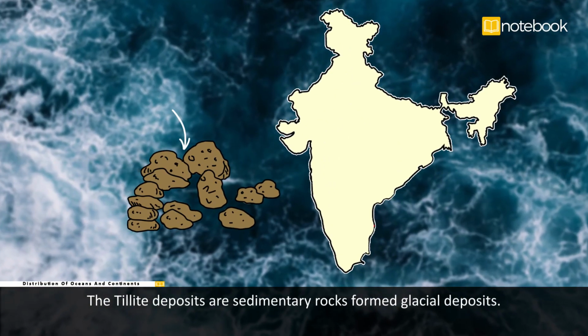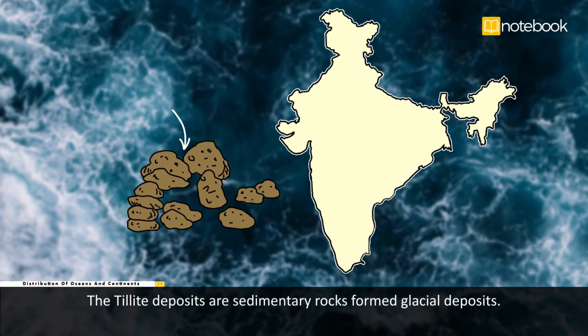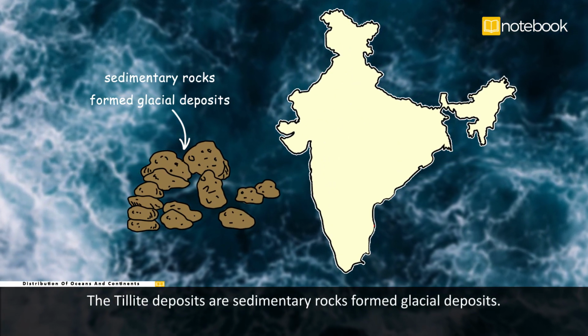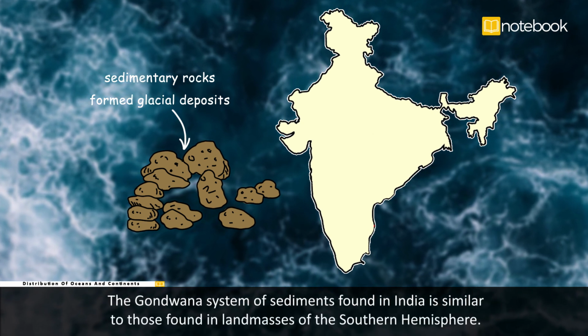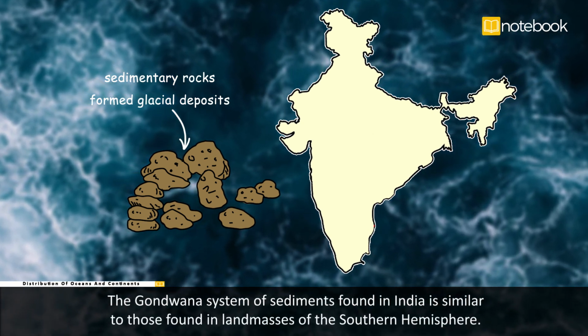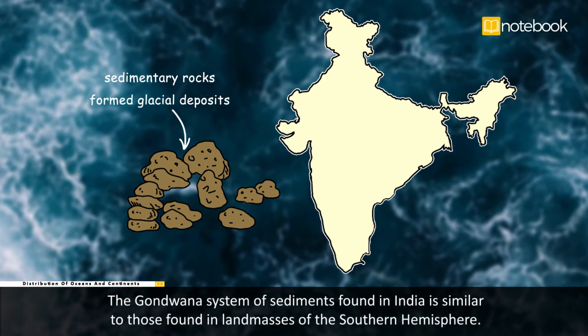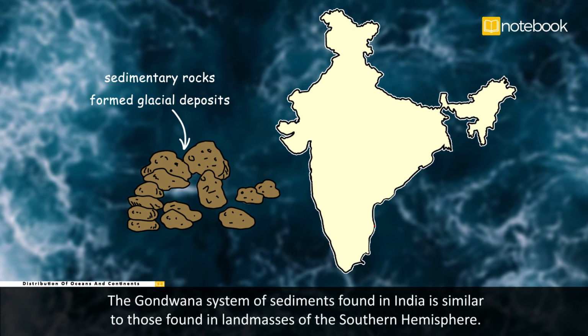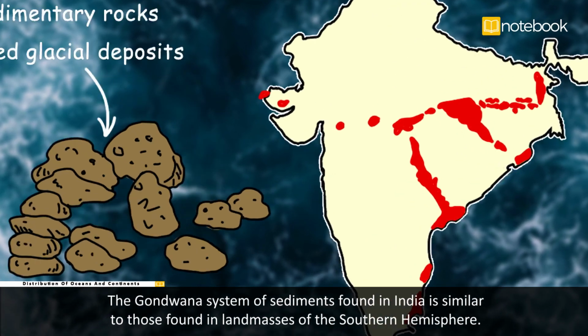The tillite deposits are sedimentary rocks formed from glacial deposits. The Gondwana system of sediments found in India is similar to those found in land masses of the southern hemisphere.